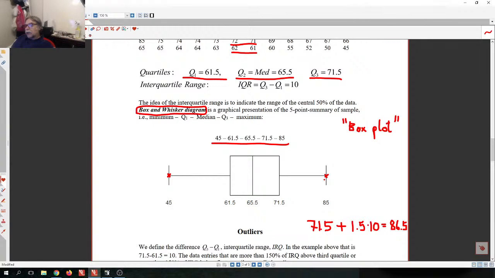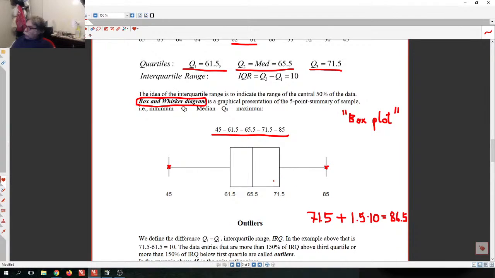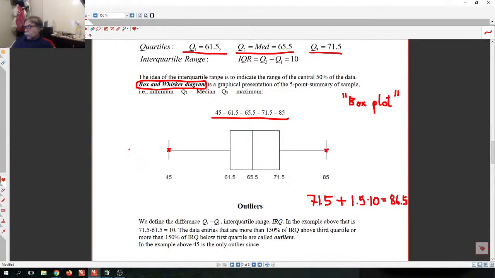We don't have an outlier here. This guy is not an outlier. So on this side, we don't have an outlier. On the other side, we might have an outlier. We'll check it out. But you need to do the same thing here. Only you're going to use quartile 1, and you're going to be subtracting 150% of the interquartile range. So you have 61.5, which is quartile 1.